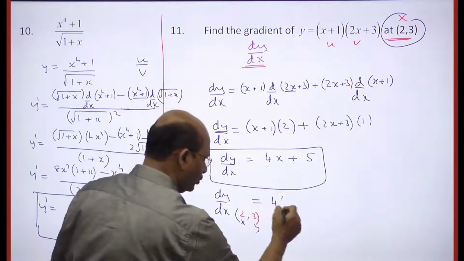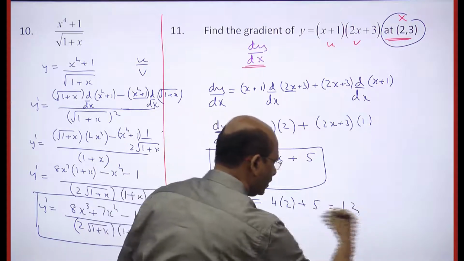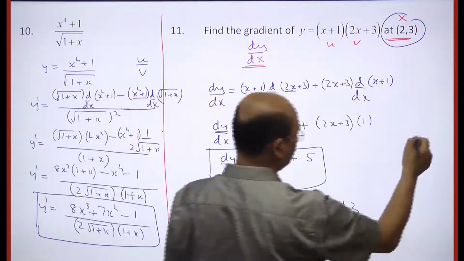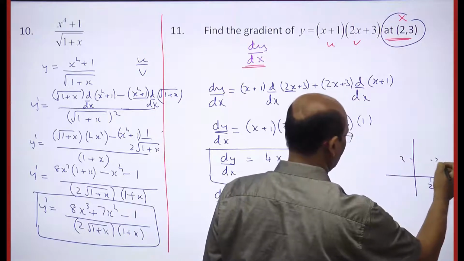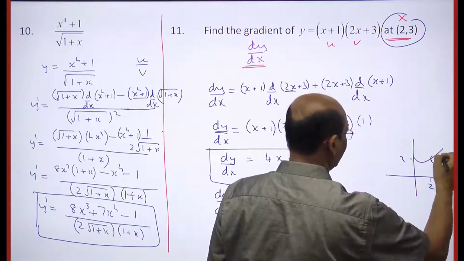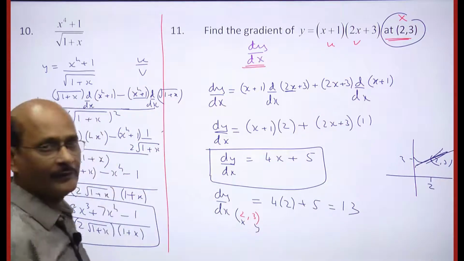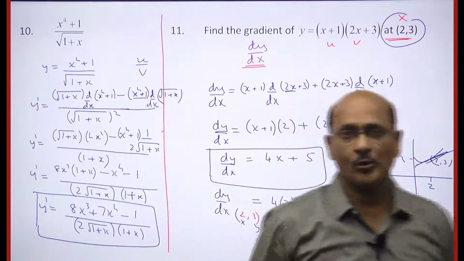So 4 into 2 plus 5, which is 8 plus 5, that is 13. So the slope value is 13 at this point (2, 3). Whatever the curve is, the slope at this particular point is 13. Derivative, slope, gradient means slope, keep that in mind.